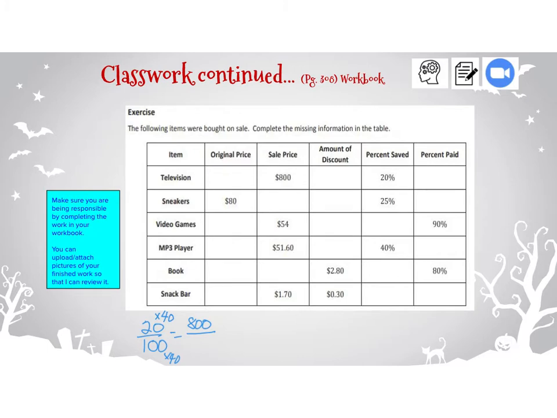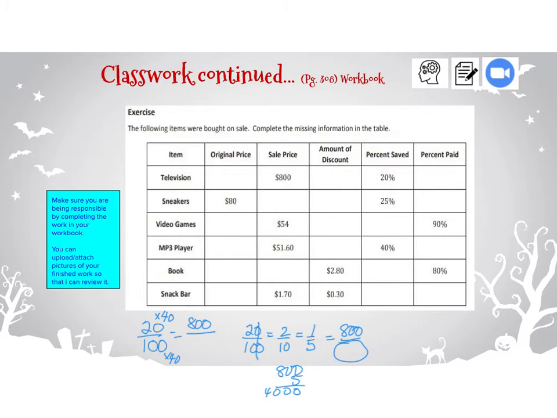I wonder if I should reduce that first. I think I should. If I have 20 over 100, that's going to be 2/10, which is 1/5. And then I'm looking at the sale price of 800, and this is an unknown. So what is 800 times 5? That's 4,000. That sounds like a lot, doesn't it?